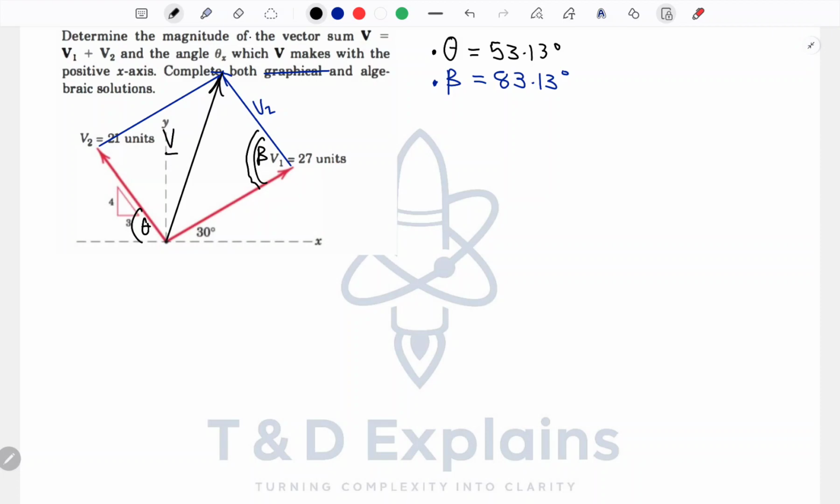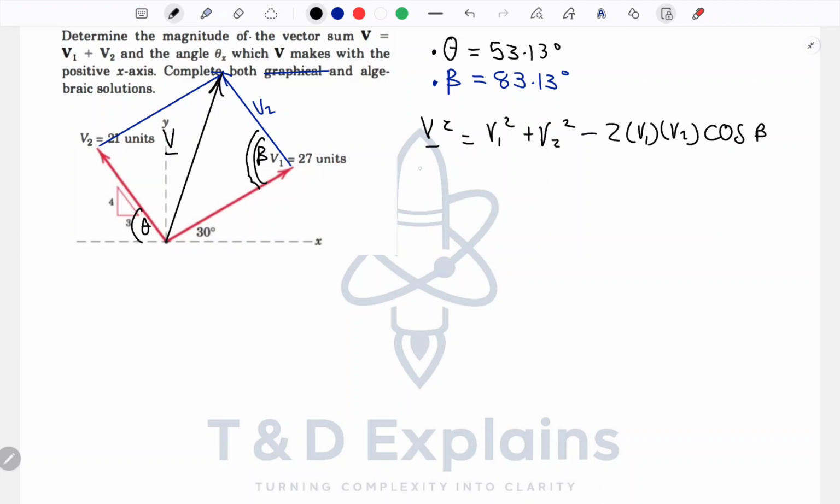Now we can use the law of cosines to find the magnitude V. Therefore V squared is going to be equal to what? The other side squared, which is V1 squared plus V2 squared, minus 2 times V1 times V2 cos of the angle beta.